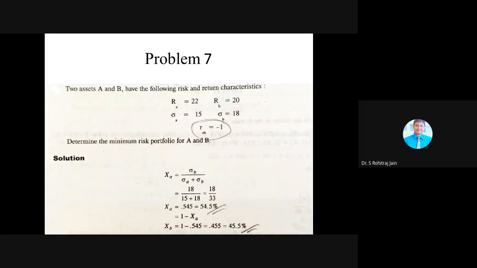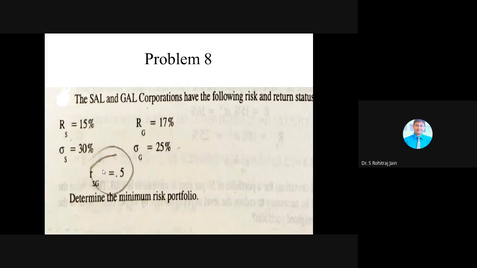In the previous problem, students, we saw the two stocks were perfectly negatively correlated. So we used this particular formula to find out the proportion of funds that has to be invested in security A and security B. But here, the correlation coefficient that exists between the SAL and GAL stocks is 0.5.